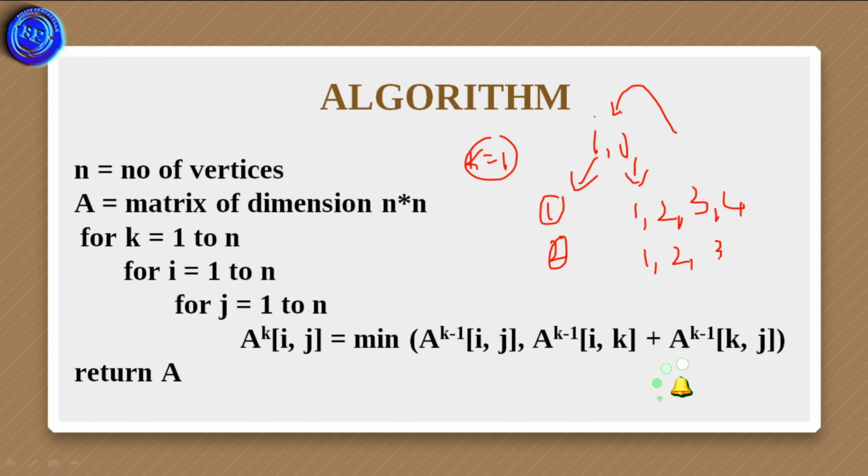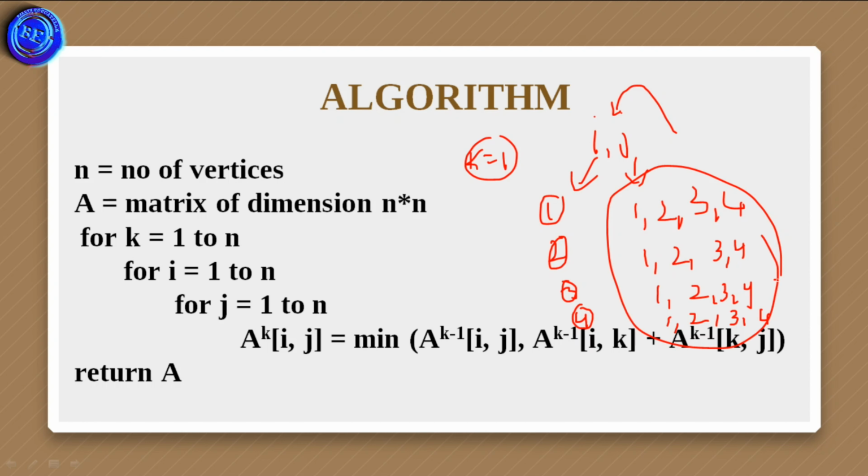So 1, 2, 3 and 4, and again the i value is incremented to 3 and the j values are calculated. So until 4, that means the size of the matrix is completed, every value is calculated. After calculation of every value, it goes back to k and k is incremented by 1. So again k equals 2, and the i and j values are calculated again. I hope you understood it.